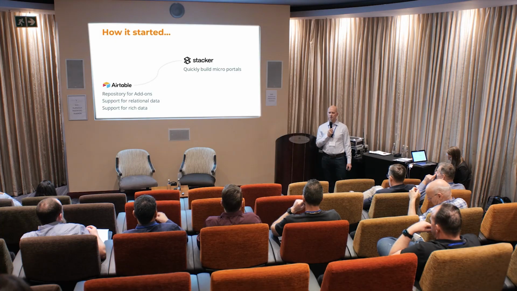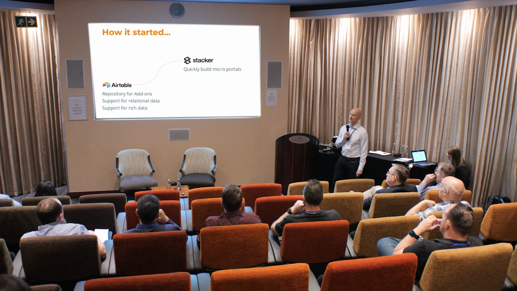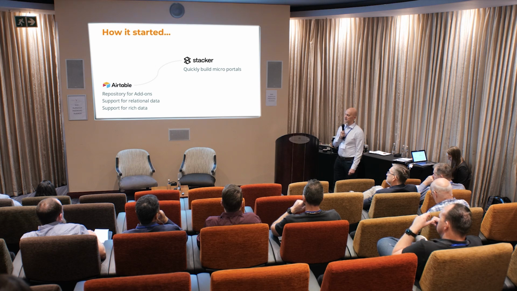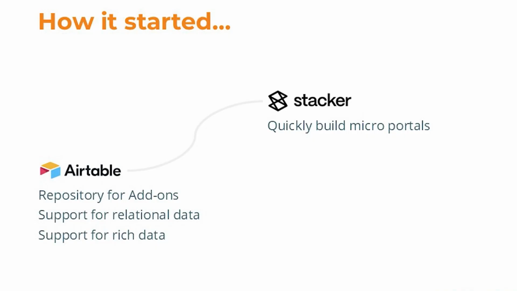Google Sheets doesn't really have support for relational data. MySQL is not the most convenient to use for a business user. So Airtable seemed like a really good choice. It worked for us. It supports rich data, and we still actually use it. We'll see in the second follow-up slide that we're still using it.